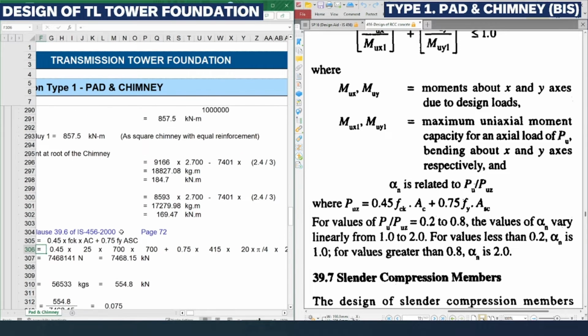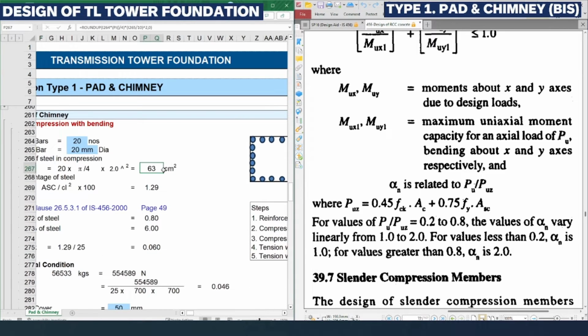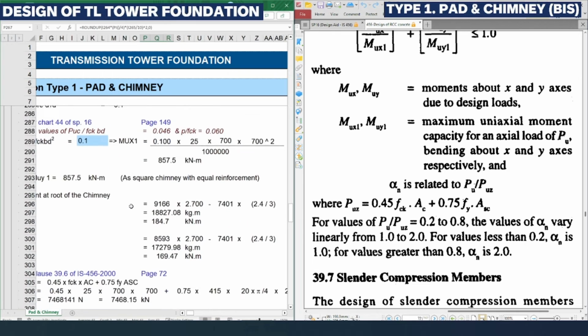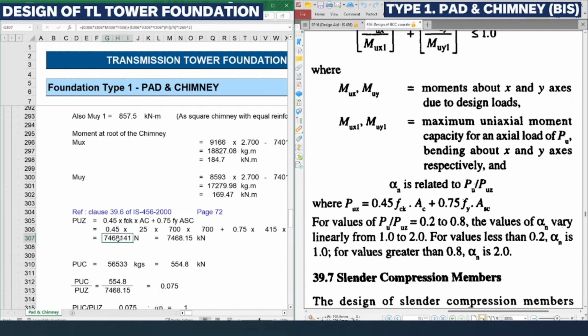Alternately, we can directly pick the calculated area, which is 63 centimeter square. By calculating this, we get Puz as 7468141 Newton, divided by 1000, that is 7468.15 kilonewton. This is the resisting axial force of concrete based on its material and cross-sectional area.